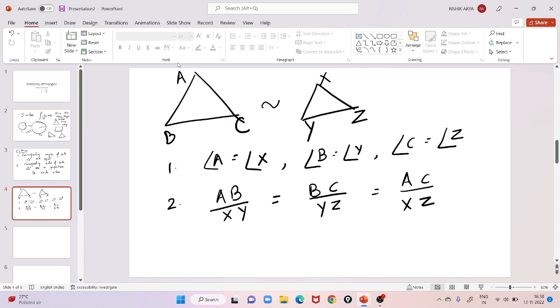That means the sides are in proportion to each other. If these conditions are followed, then we say that triangle ABC is similar to triangle XYZ.